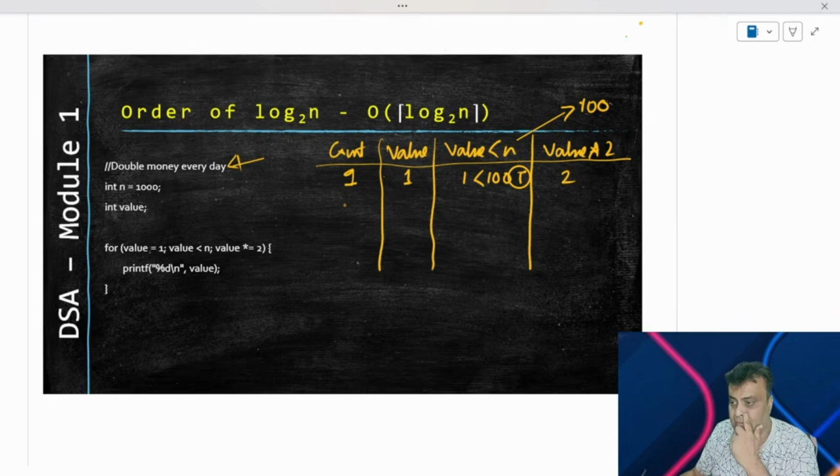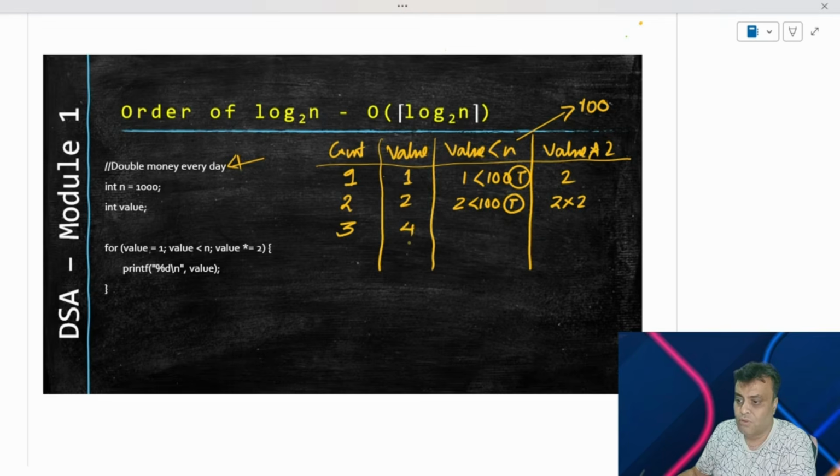Now, the next time this loop runs, that is the second time this loop runs, it will start with 2 because you have already changed the value to 2. 2 will be compared with 100, which is also true. And this will mean that 2 will be again multiplied by 2. Next time the loop runs, the value is already 4, right? And then 4 is getting compared with 100, and this is also true.